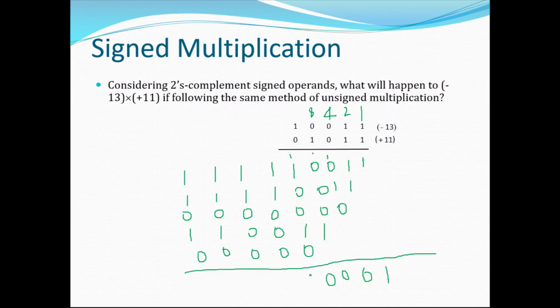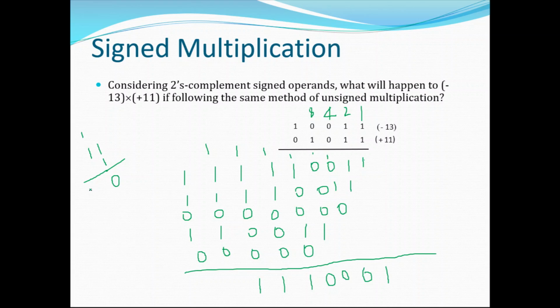So 1, carry 1. 1 plus 1 is 10, plus 1 is double 1, so 1 carry 1. Again 1 plus 1 is 10, plus 1 is double 1, that is 1 carry 1. Again 1 plus 1 is 10, plus 1 is double 1, double 1 plus 1 is 1 plus 1, 10, carry 1.